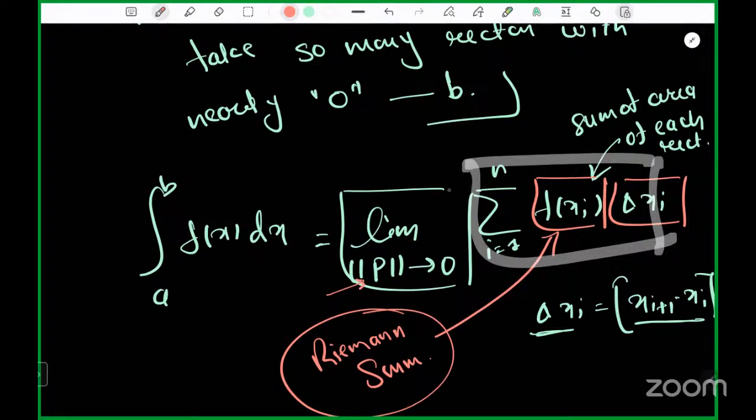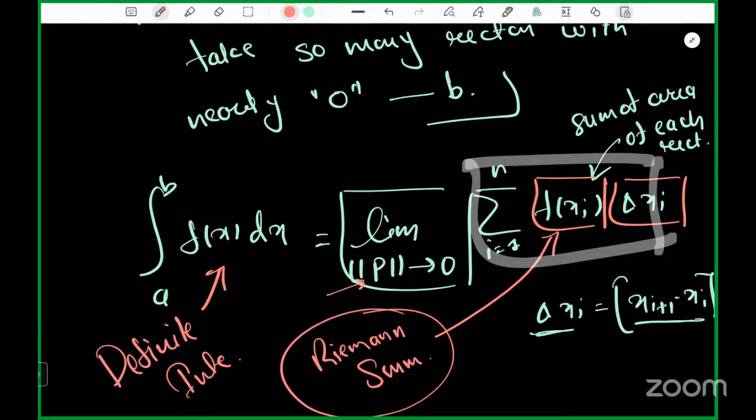If we apply norm P going to 0, then using this limit we can introduce more and more rectangular strips in between the area. So the whole limit with the sum is the integral from a to b of f of x dx, that means this is the definite integral. The definite integral is the limit of the Riemann sum, where this is our Riemann sum.